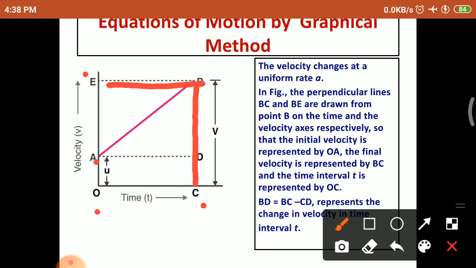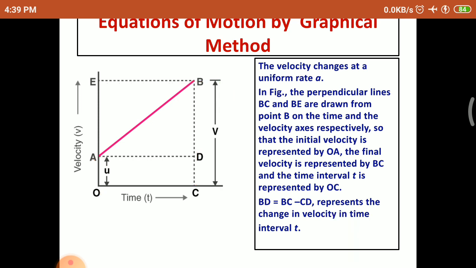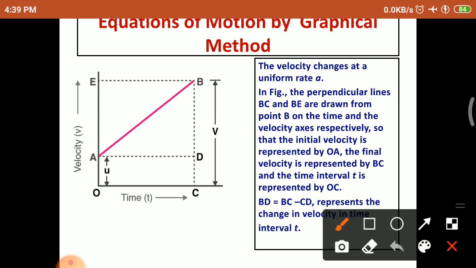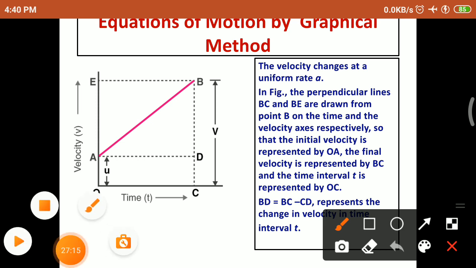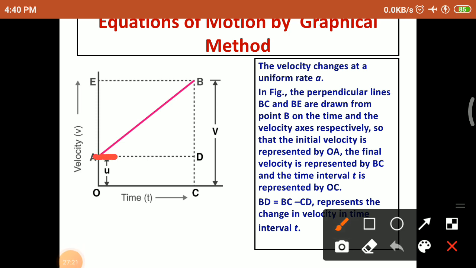So from this we can say that OA is the initial velocity value, and CB is the final velocity value. Then I drew a perpendicular line to the BC line and marked the point D. Here BC is the final velocity, OA is the initial velocity, OC is the time.